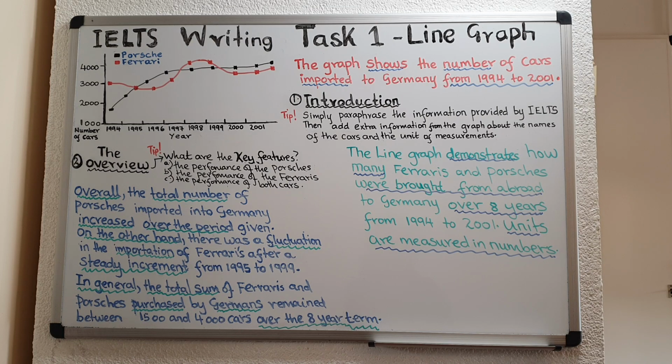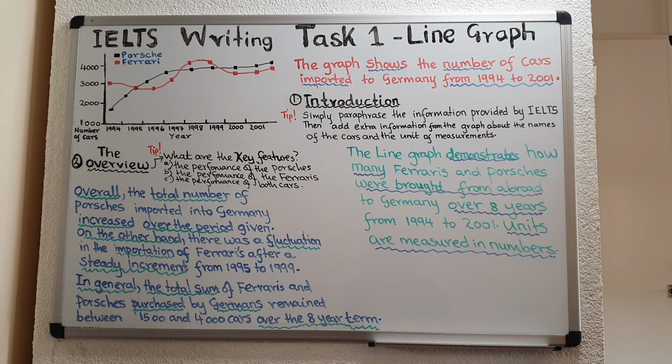So, in general, the total sum of Ferraris and Porsches purchased by Germans remained between 1,500 and 4,000 cars over the 8-year term.